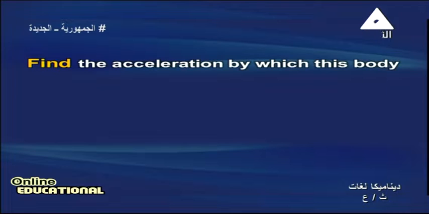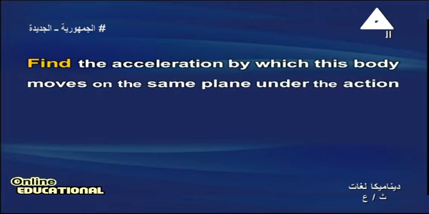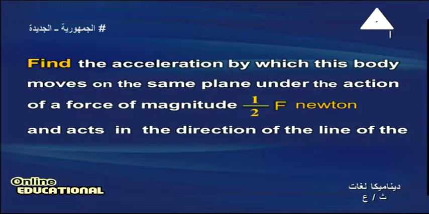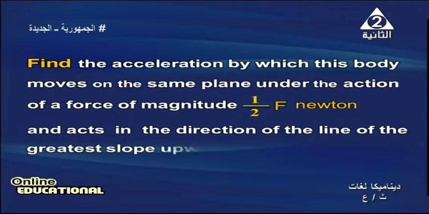Find the acceleration by which the body moves on the same plane under the action of a force of magnitude half F Newton acting in the direction of the line of the greatest slope upwards the plane. Now we have two cases.